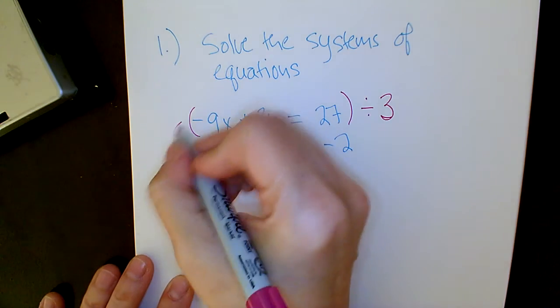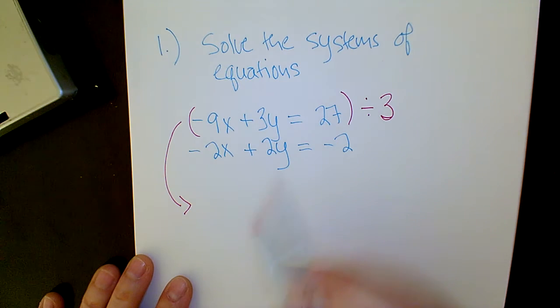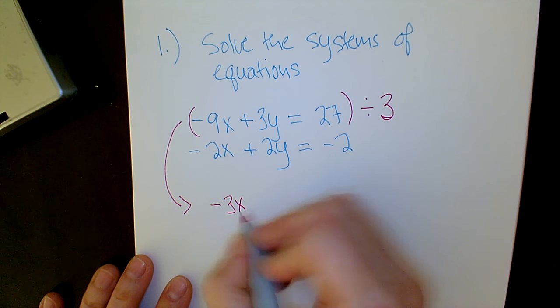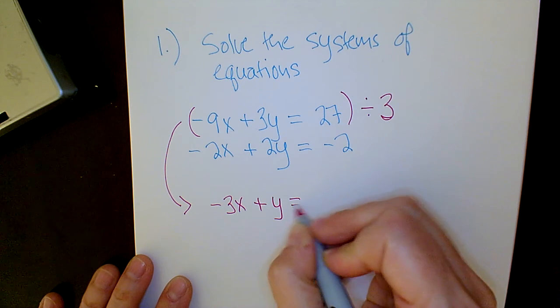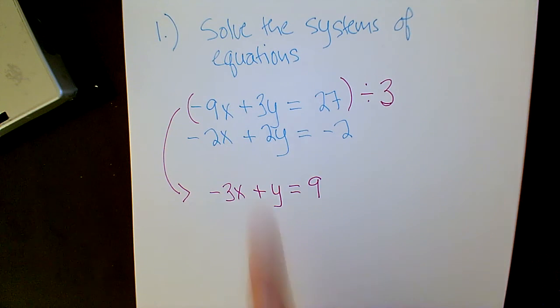So I'm going to divide that top one by 3, each one by 3, and I'm going to get negative 3x, so I just divided each one of these by 3.